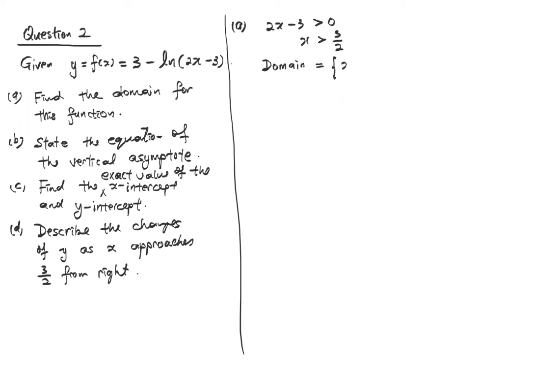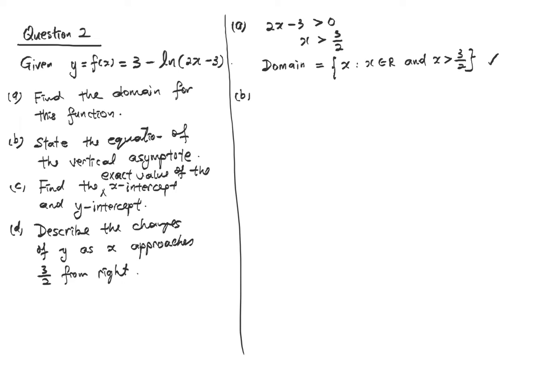So I can say x is a member of the real numbers, and x is greater than 3 over 2. It depends on the individual. If you need to do it step by step, go ahead. You get me?